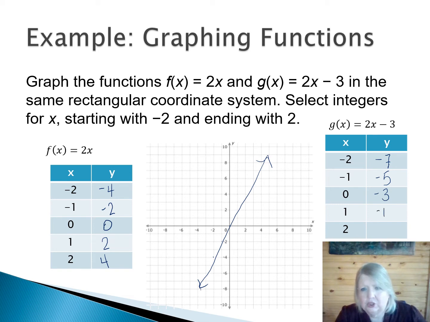And then 2 times 2 is 4, minus 3 is +1. So over 2, up 1, over 0, down 3. And I'm going to pretend I could play connect the dots well here. You would end up with parallel lines. One crossing the y-axis at 3, the other crossing the y-axis at 0.